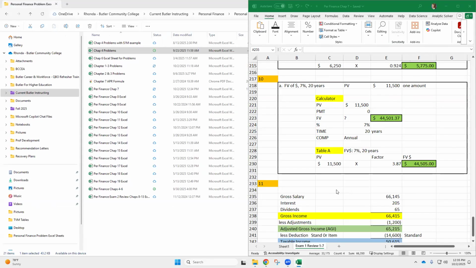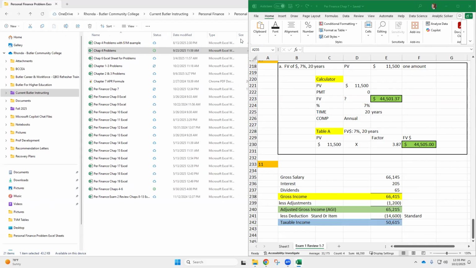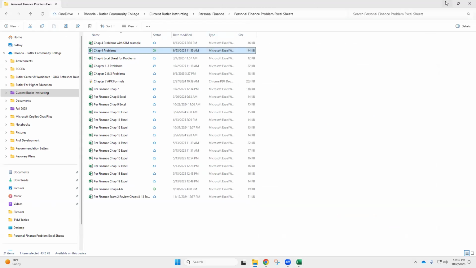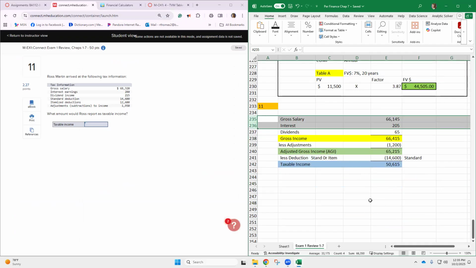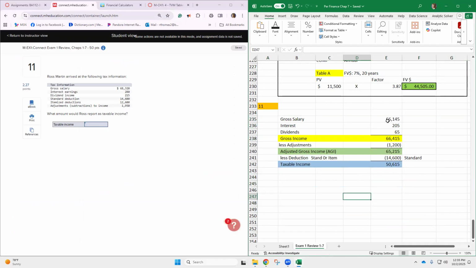Okay. We're talking about a problem that has to do with federal income tax. All right, so it says, what would be Ross's report as taxable income? Okay, taxable income goes through a calculation based on the information they give you. So we're going to put our gross salary at the top, 68,320.